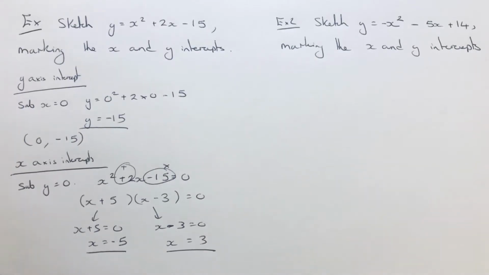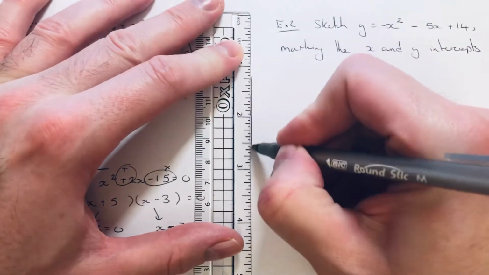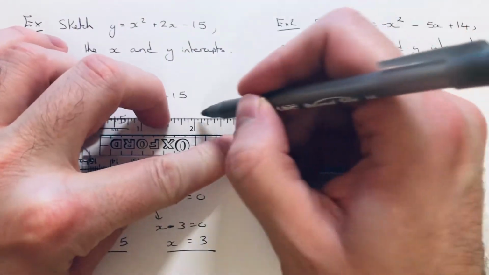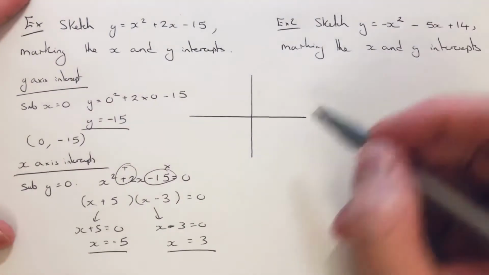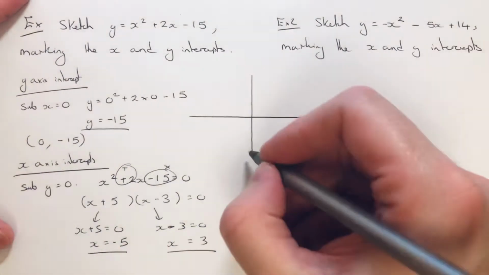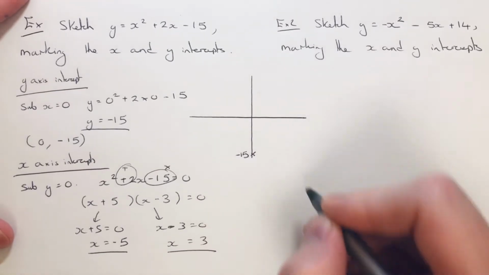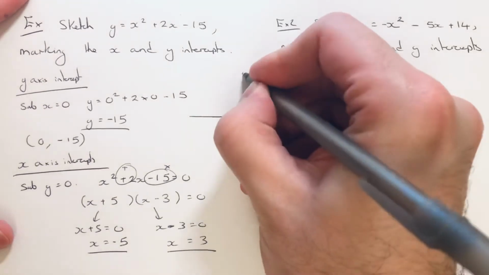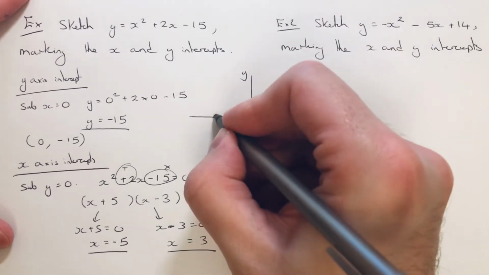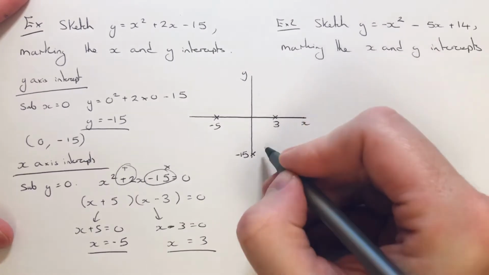So we can now sketch out our graph. So it's crossing the y-intercept at 0, minus 15. Okay, and it was crossing the x-axis at minus 5 and plus 3.